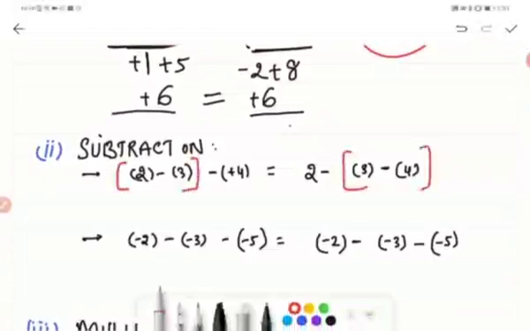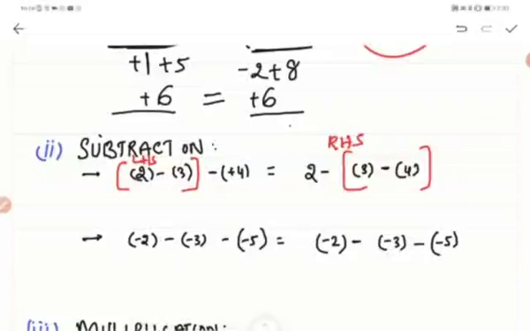Now calculate the left hand side and also the right hand side. On the left hand side, when you calculate in the bracket, you will get minus 1, minus 4. So how much will you get? Minus 1 minus 4 is minus 5.